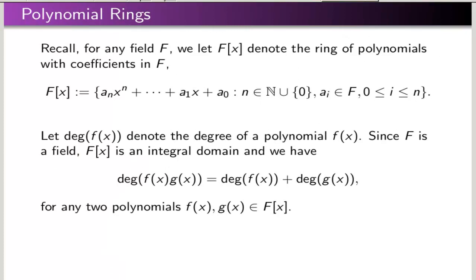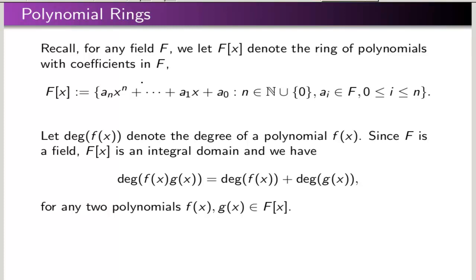Another example are polynomial rings. So recall, for any field F, F square bracket x denotes the set of polynomials with coefficients in F, and this is a ring. So a polynomial is just what we always mean by a polynomial, a sum of monomials of arbitrary degree.